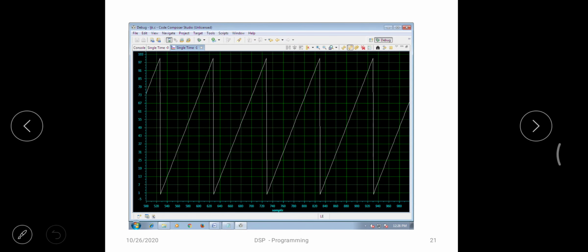This is the corresponding output which we generated. For every 0 to 100 the cycles are repeated. This we have taken from the TMS320C6745 processor from Texas Instruments.